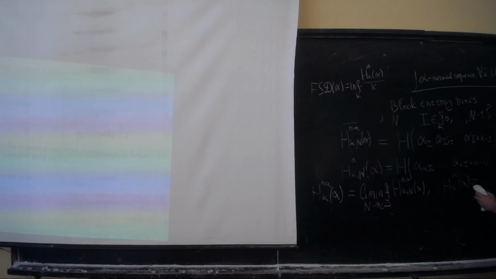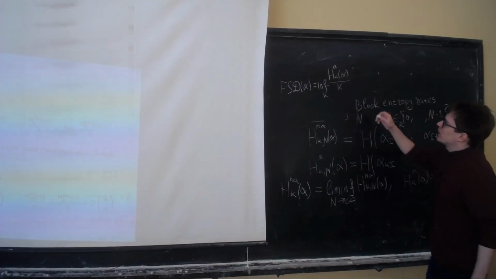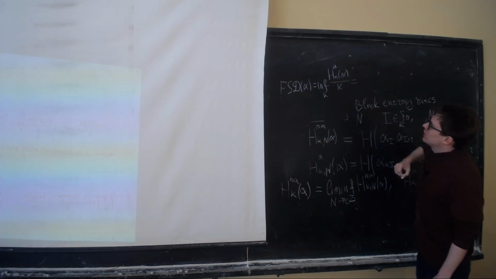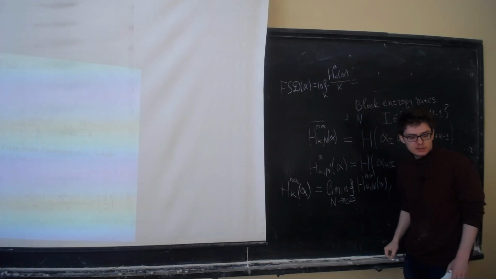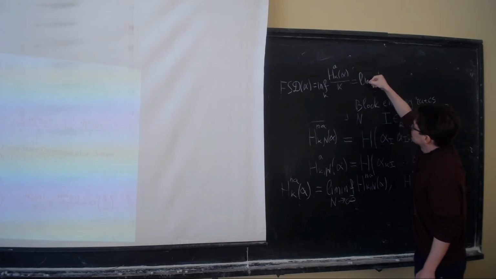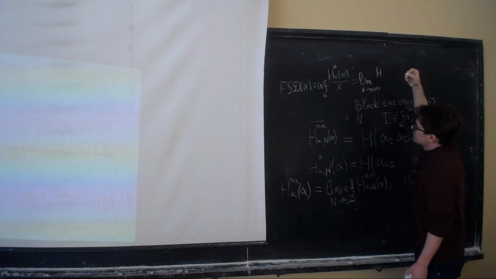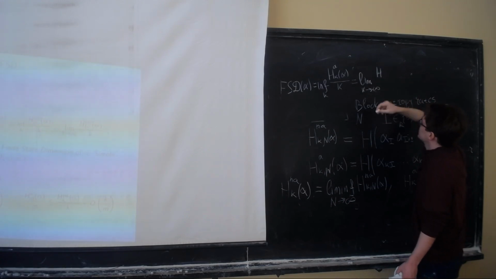And so this is one of the definitions known in literature, and it was also known, it seems at least, that this infimum is equal to the limit of this thing. So this limit exists and equals the infimum of this sequence.